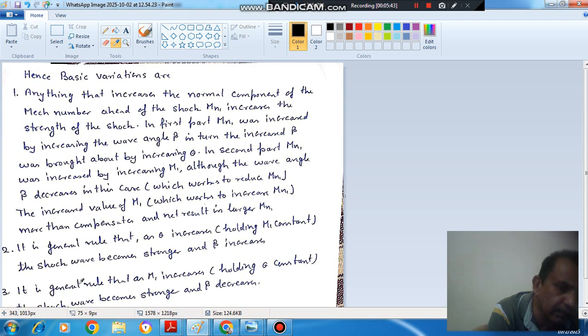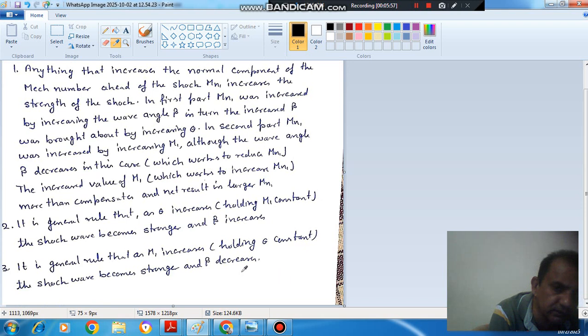In the second case, we increased M1 keeping theta constant. It increased Mn1 but reduced beta, but the M1 effect was more prevalent.